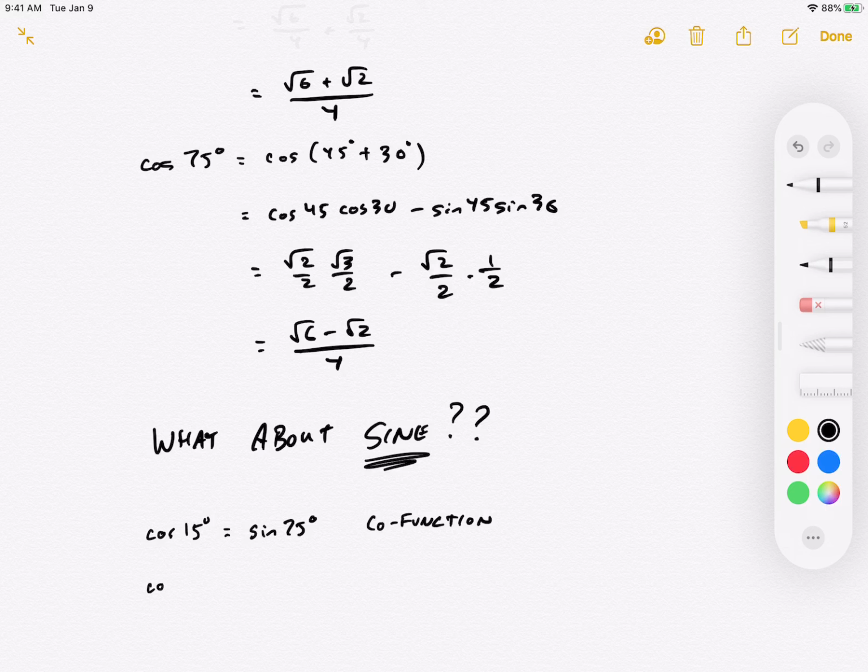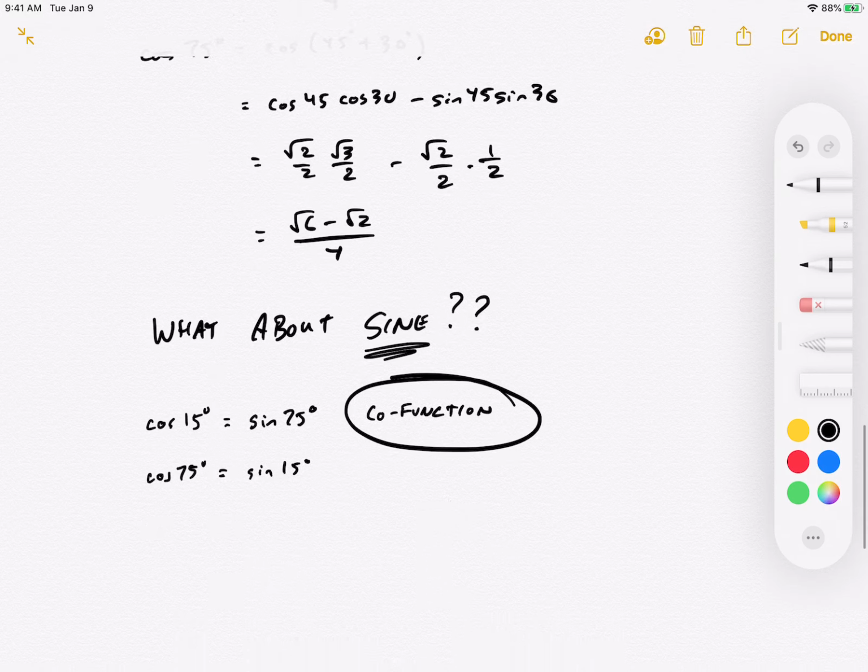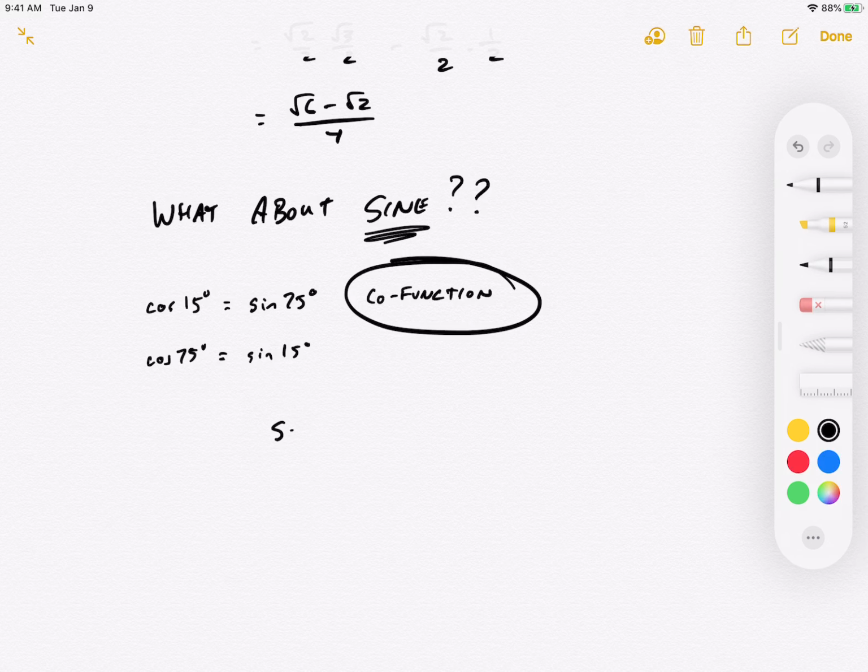And we know that, likewise, cosine of 75 is equal to sine of 15 for the same reason. And those co-function identities are going to be the key to deriving sine sum and sine's difference. So if you'd like, before you watch the next video, see if you can play around and come up with a nice way to write sine of alpha minus beta and sine of alpha plus beta. Okay, see you at the next video.